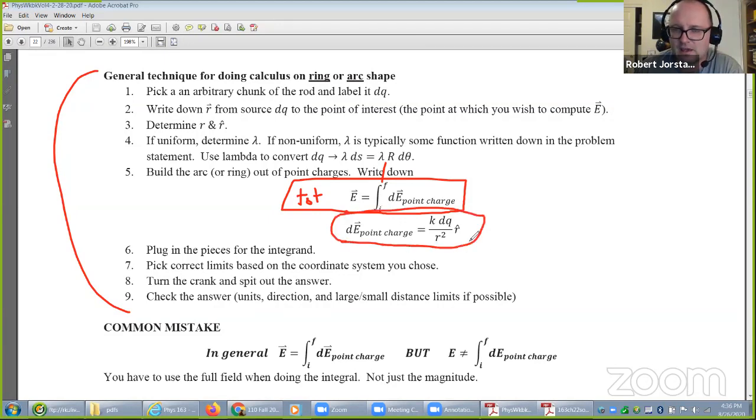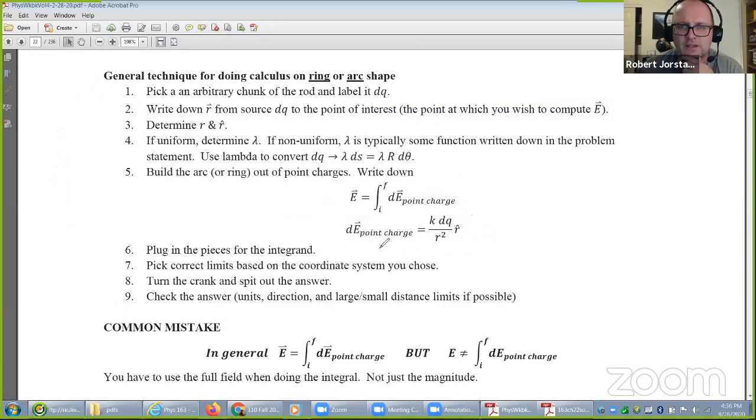So you say, okay, each point charge has a tiny amount of charge dq. That's different in every problem. Okay, and then the idea is this r vector and this r distance are going to be different at every problem. And we have to basically figure out, okay, based off the word problem you give me, what are these pieces of the puzzle? What are the limits of integration? Turn the crank.